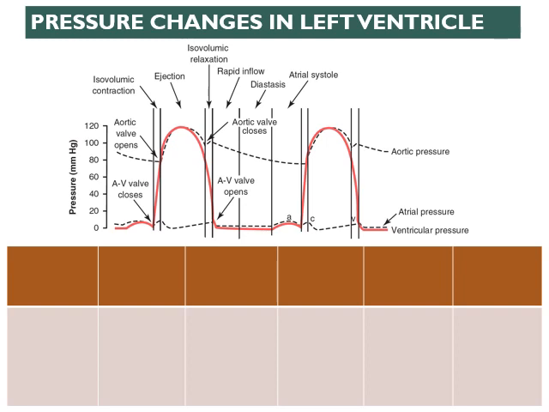The second event that occurs during cardiac cycle is the pressure changes in the left ventricle. The discussion of pressure changes in the left ventricle starts with the atrial systole.